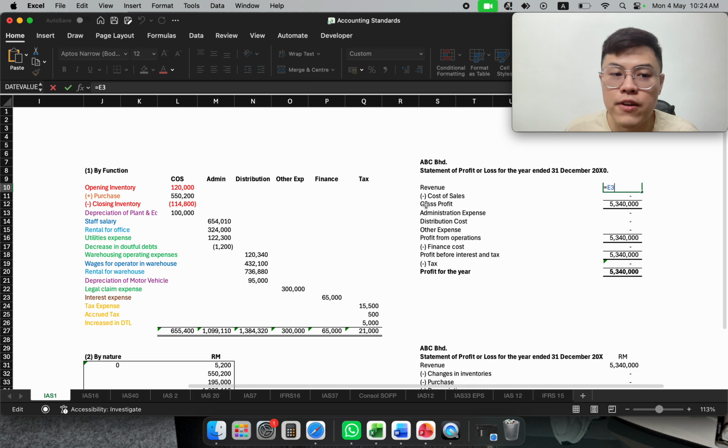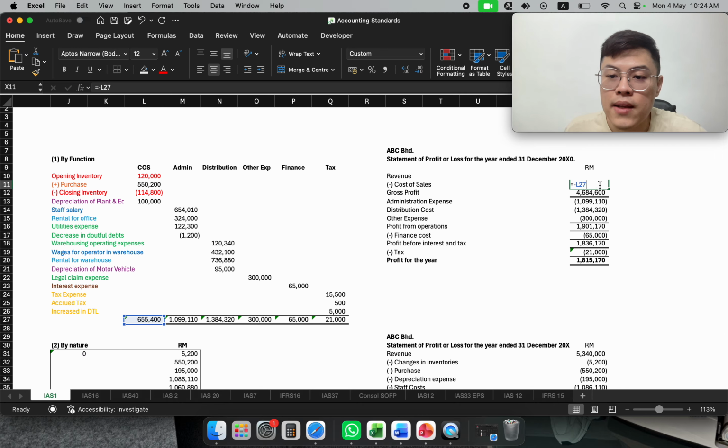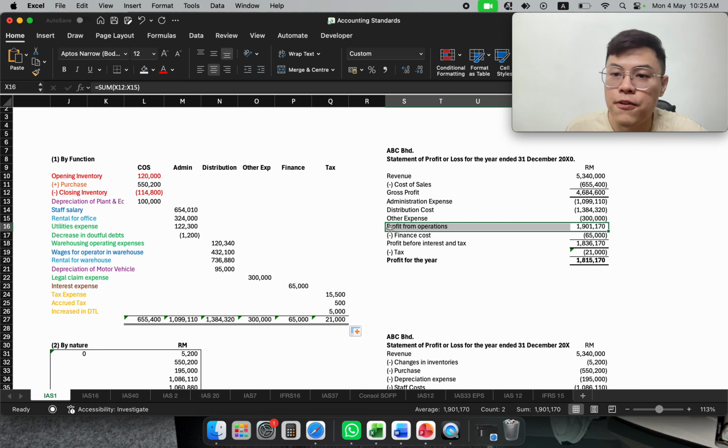So we start off with revenue, and we will minus our cost of goods sold, put it over here, and get your gross profit. And you minus your admin, distributions, and other expenses, you will get profit from operations.